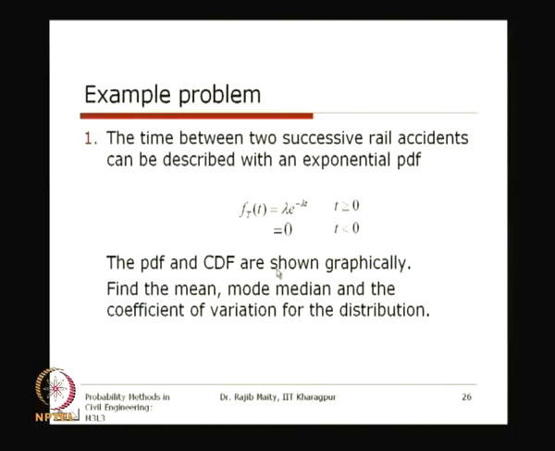We have seen the PDF and CDF earlier. We have to find the mean, mode, median and coefficient of variation. Whatever statistics we have seen so far, we will see how they can be calculated for this exponential distribution.